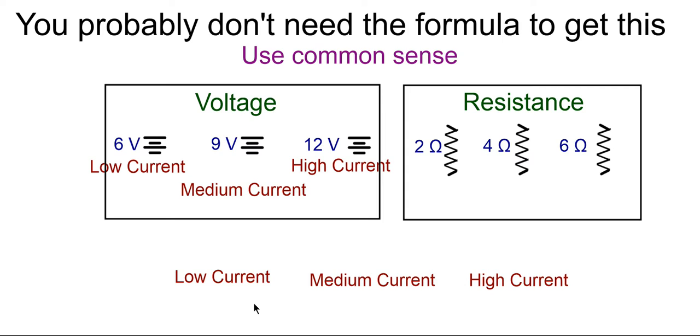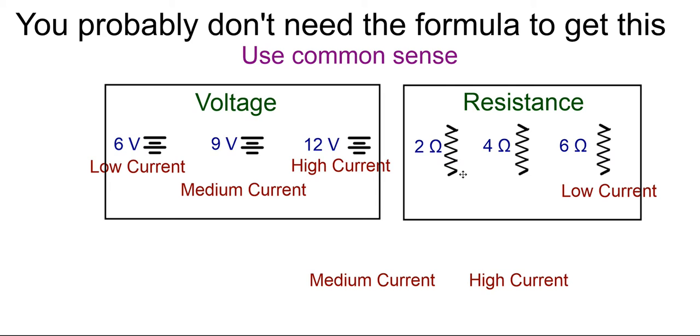Over here in resistance, let's see. Which one of these will have the least current? Now, resistance is resistance to current. So where is there the most resistance? That'll be least, right? Isn't there the most resistance there? Yes, that'll be our low current. There's more resistance to current. How about our highest? Well, isn't that the least resistance?